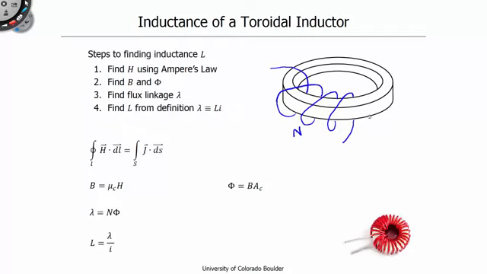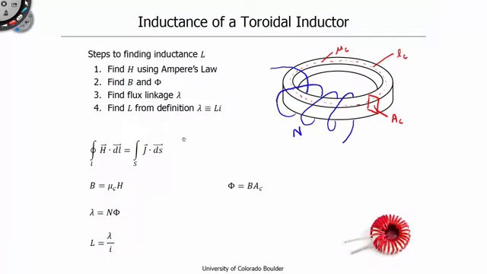Let's say this core has permeability mu c, a cross-sectional area A c, and a mean length along the core, l c.